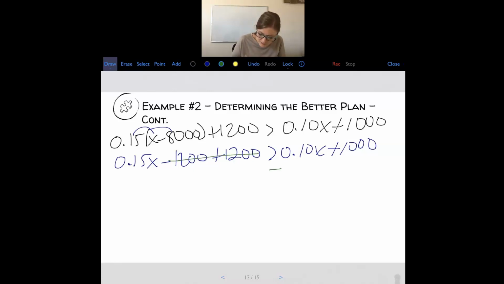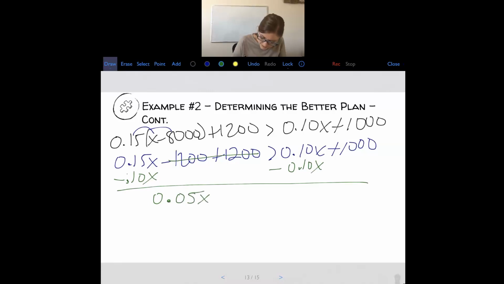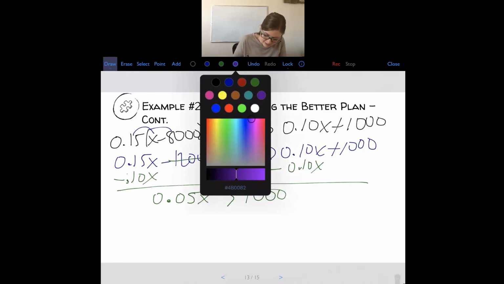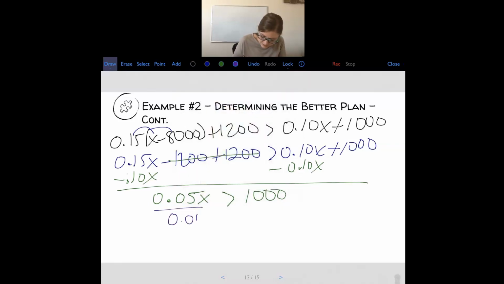So I'm going to move the 0.1x over to the other side to give me 0.05x more than 1,000. So we divide both sides by 0.05, and we get x is equal to 20,000.